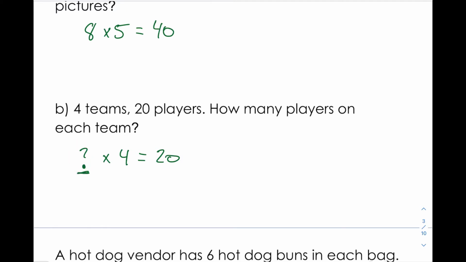So you know that the opposite of multiplication is division, so you could write a division sentence that looks like this. 20 divided by 4 is equal to blank, the number of players on each team. And 20 divided by 4 is equal to 5, because 5 times 4 is 20. So then your sentence would say there are 5 players on each team.